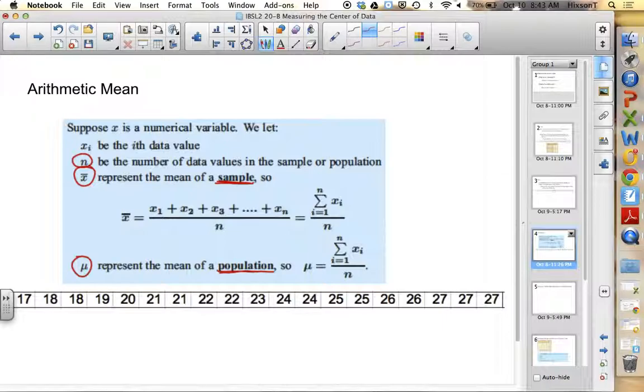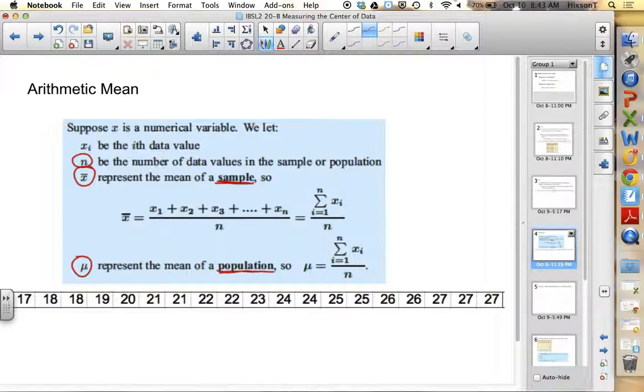However, notice the notation here with our sigma notation. X sub i is the ith data value, and from the first data value to whichever the last one is, we're going to add those up and then divide by n, which was the total number of data values.